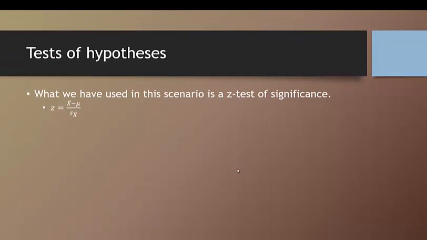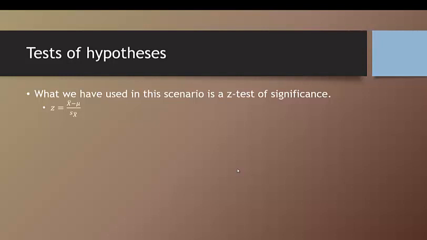So, tests for hypothesis significance. You actually just went through and learned your first test, and this we call the z-test of significance, where we looked at our z-score and we subtracted our sample mean from the population mean and divided by the standard error, and we're able to compare z-scores to our population mean, however we defined our populations.